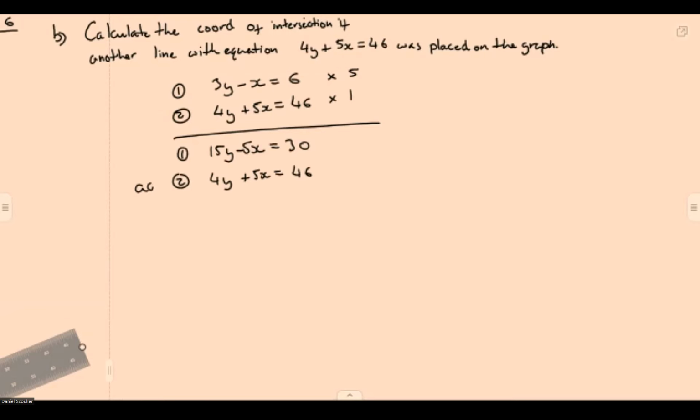I'm adding them. 5's eliminate each other. Becomes 76.